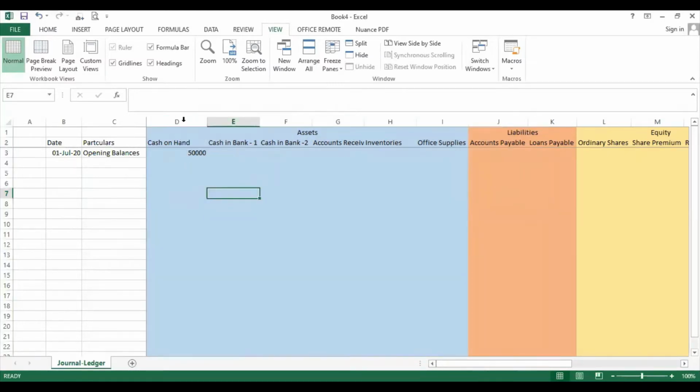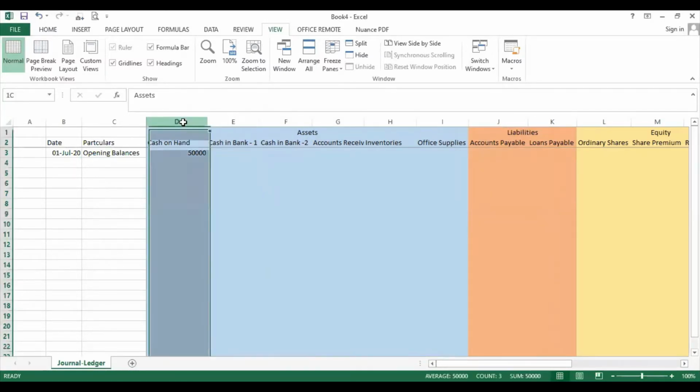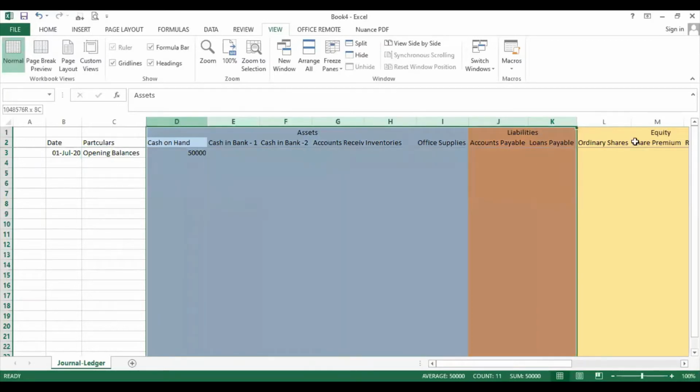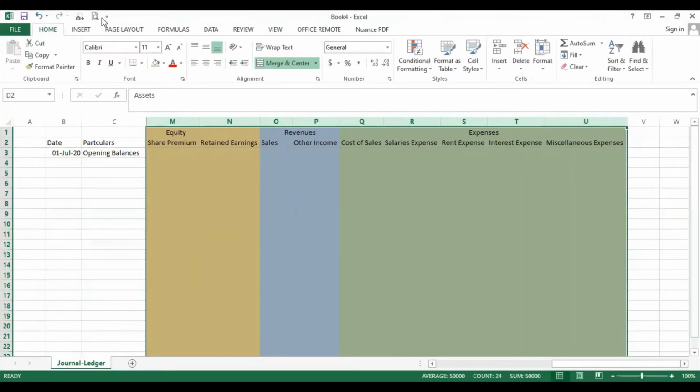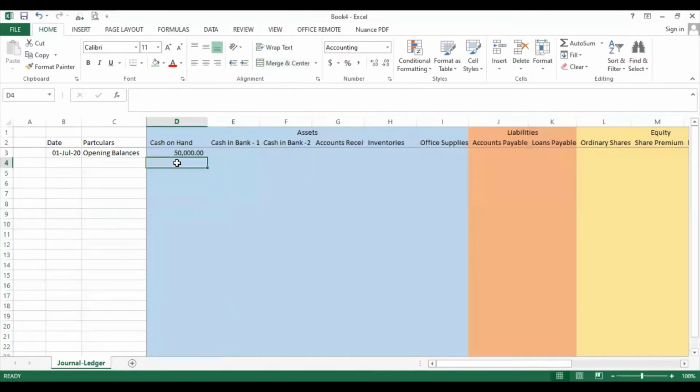To do that, highlight from D up to all our accounts. Then go back here in the home ribbon. Under general, you click comma style. So now our figures are in money value, with 2 decimal places.